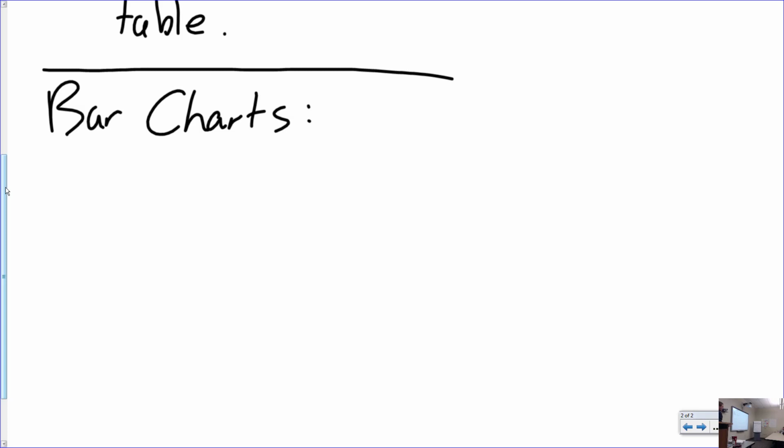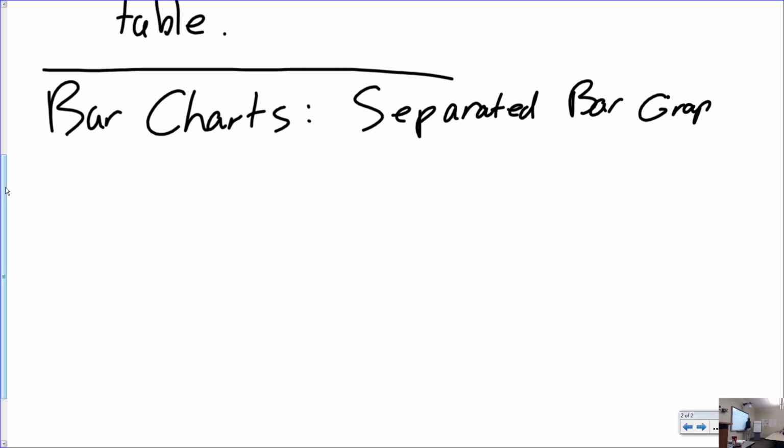So bar charts or bar graphs. Note that these bar charts or bar graphs I'm talking about, the bars are separated, so there's a space between the bars, as opposed to the bars being very close together or actually touching, all right?